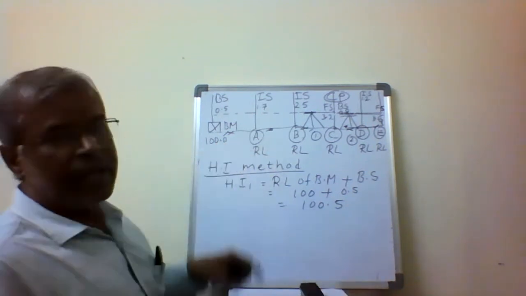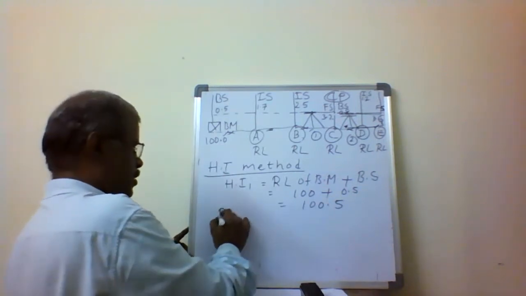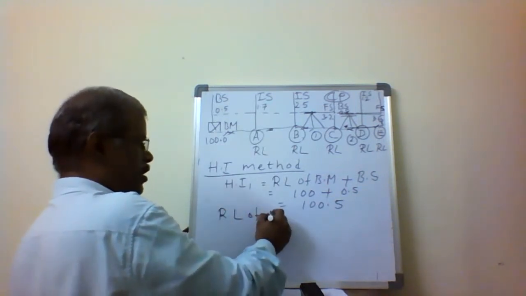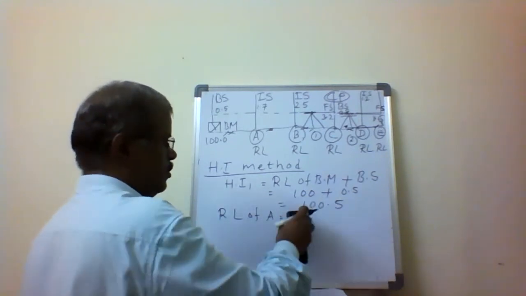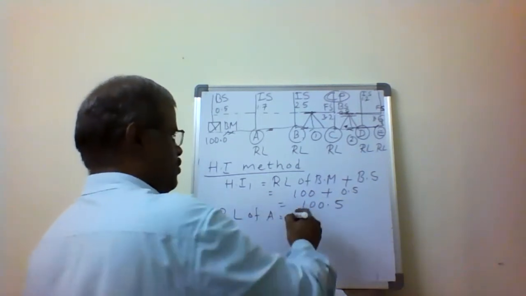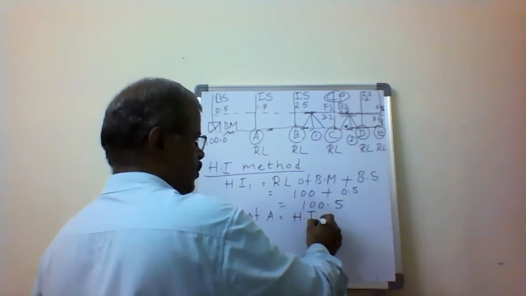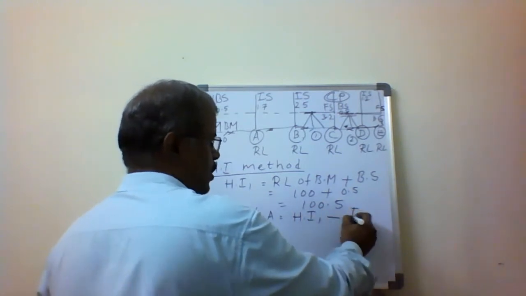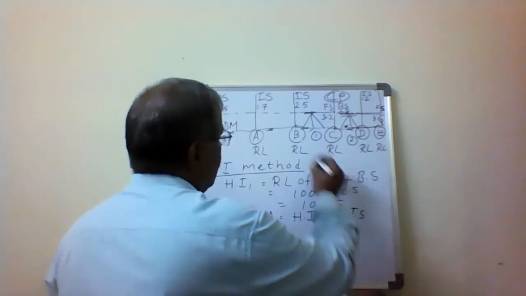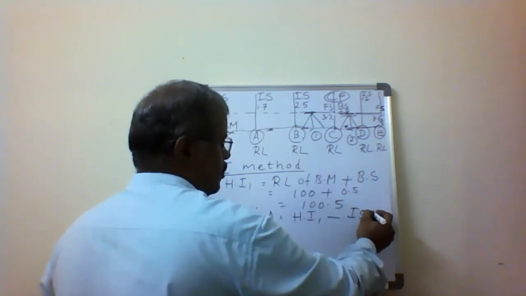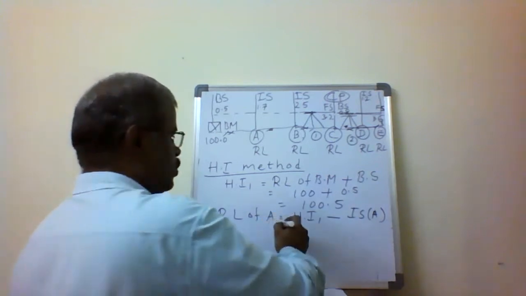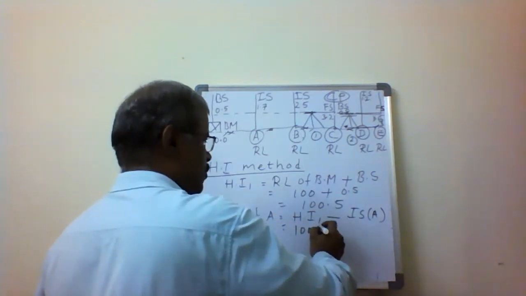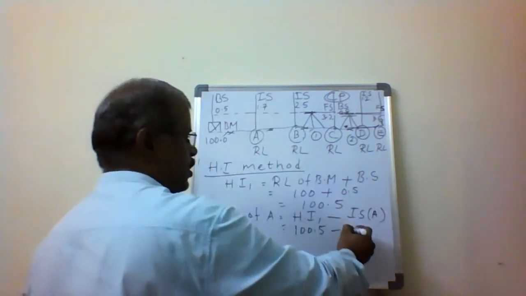Now I have to calculate RL of A. RL of A equals height of the instrument HI1 minus the intermediate sight reading at A. Height of instrument 1 is 100.5 minus the intermediate sight reading of 1.7.